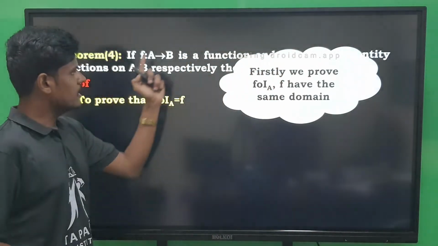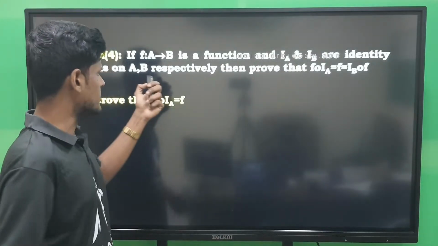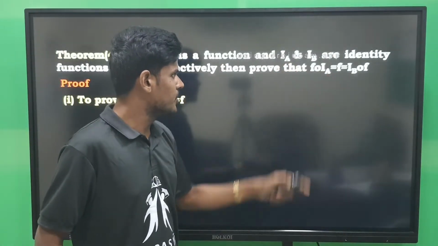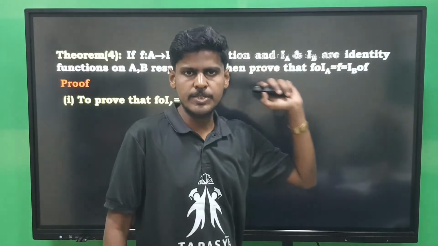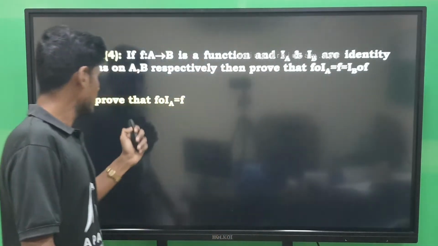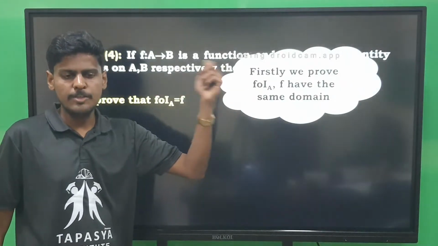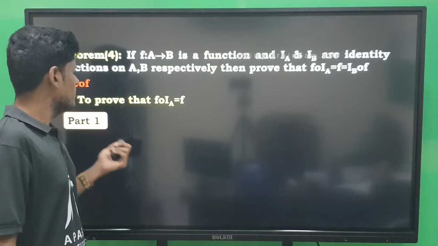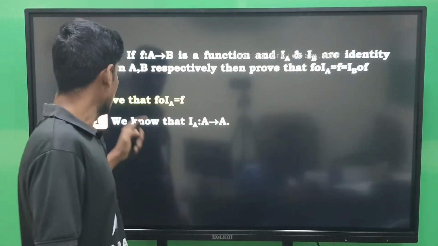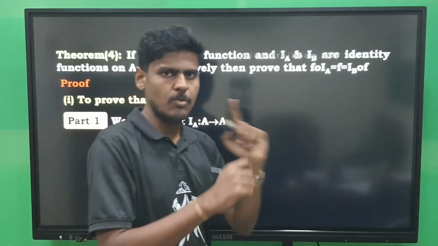So here f is a function and I_A and I_B are identity functions, which means we should prove that f∘I_A and I_B∘f are both f itself. For proving this, first we have to check if both the functions have the same domain or not. First we will take f∘I_A. The identity is nothing but y equal to x.